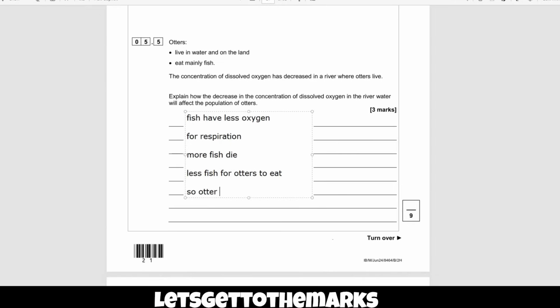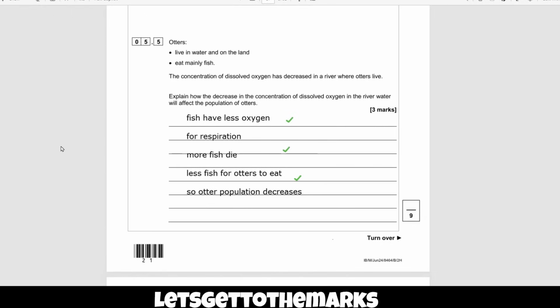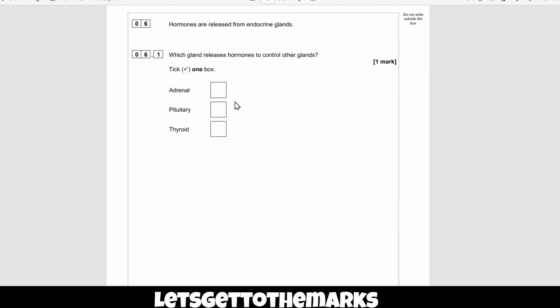So the otter population decreases. The main thing here is fish have less oxygen, so the fish population goes down, less fish for the otters to eat, so their population goes down. Bosh.